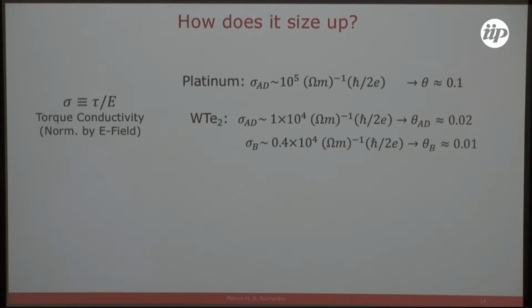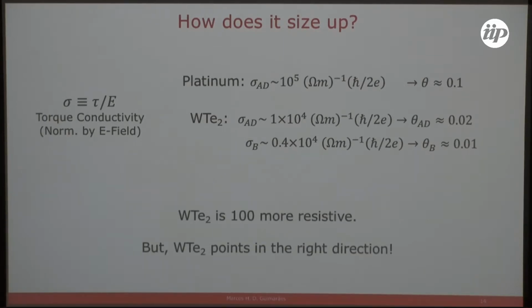But how does it size up against platinum, for example? Platinum has a very high efficiency, but tungsten telluride is still lagging an order of magnitude behind. This partially has to do with the fact that tungsten telluride is pretty resistive, but at least it's pointing us in the right direction, right?